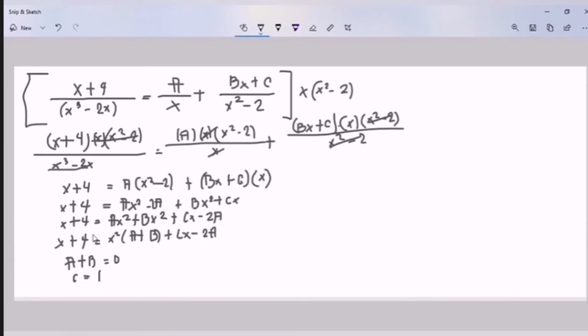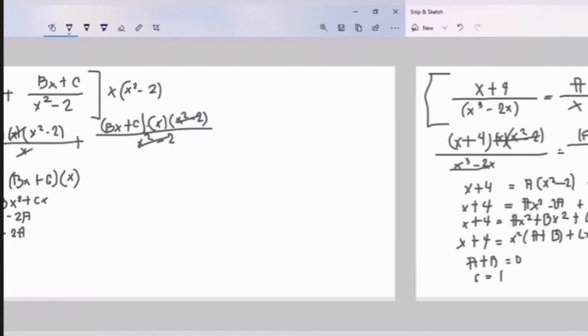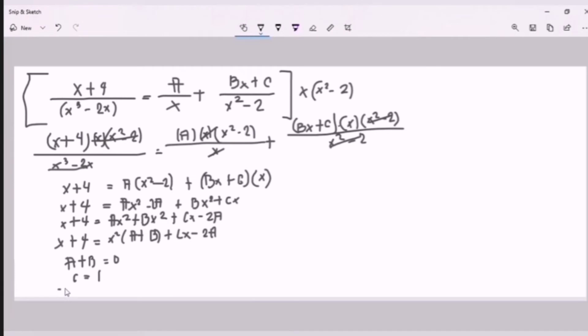So that would be C equals 1, and the same goes with the constant. So we have negative 2A equals 4. Since we already have our value for C, we could use this third equation, negative 2A equals 4, to find the value of A.